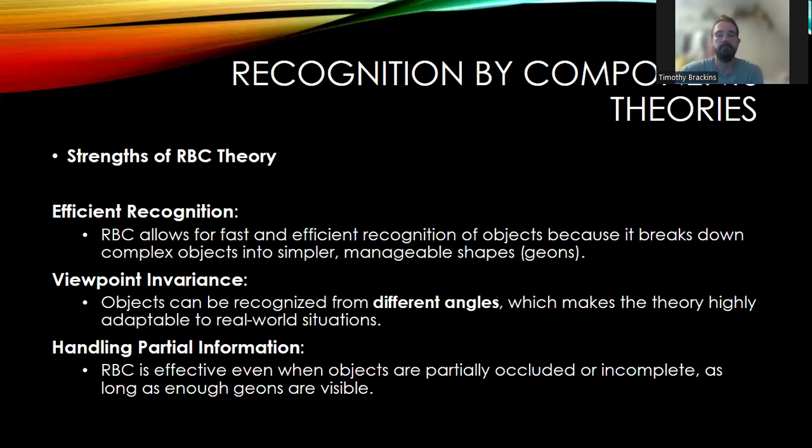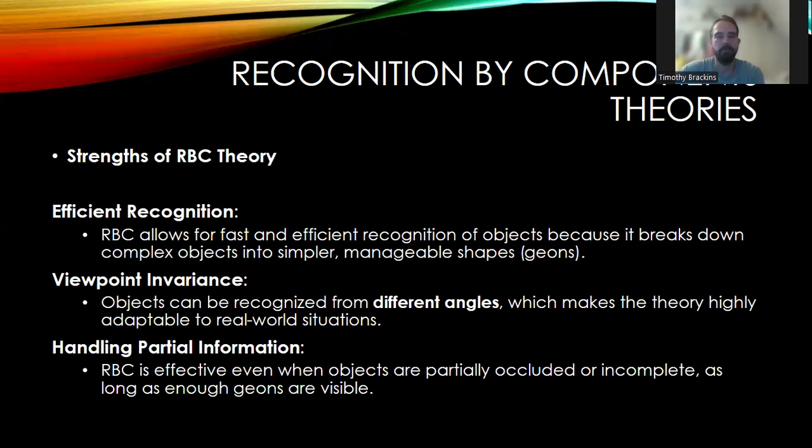And it's also very effective when objects are partially occluded or incomplete, as long as enough geons are visible. This is another advantage over feature detection, where feature detection theory kind of breaks down when those critical features are occluded.